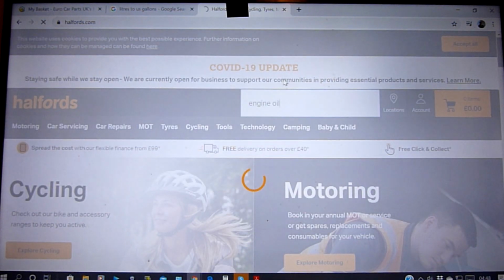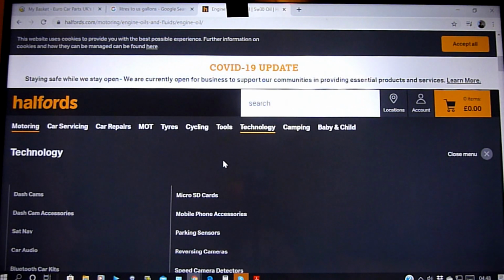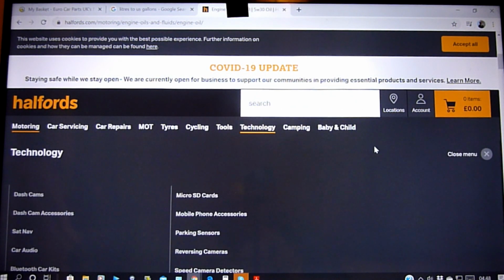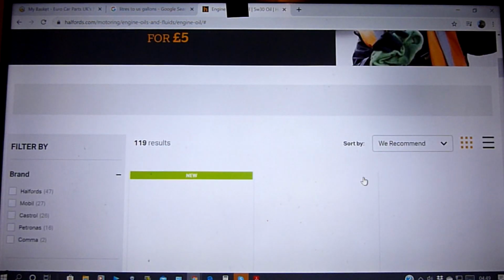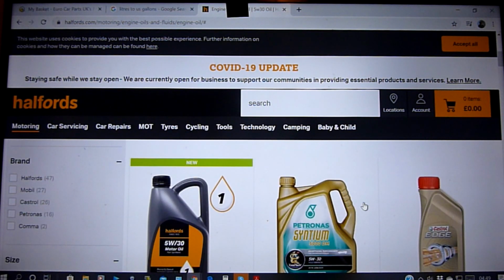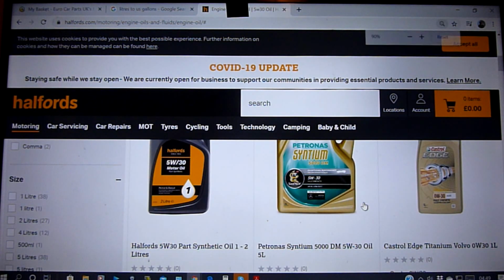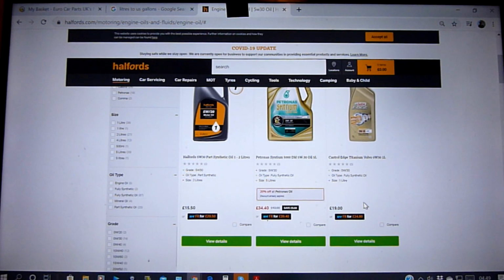Right, engine oil. And these days you do have to take this much time, really. It doesn't give you the option of plugging in the spec for your car, registration.